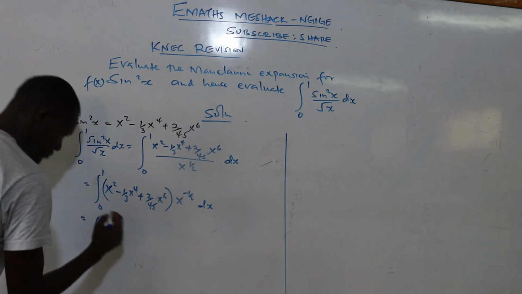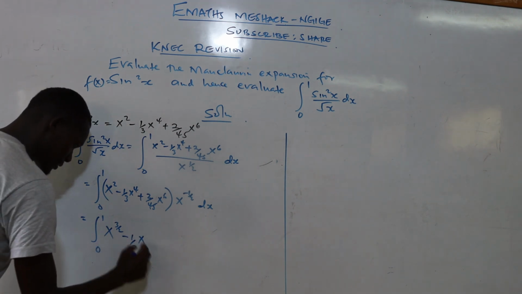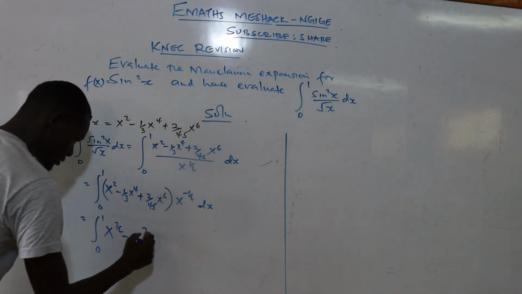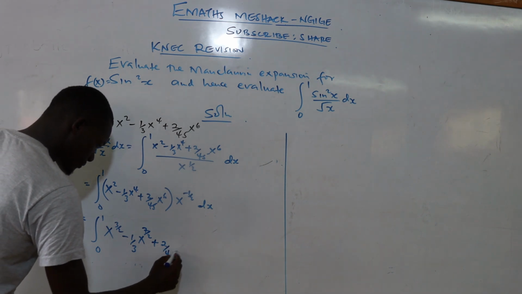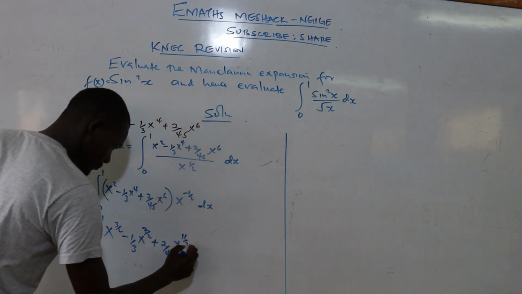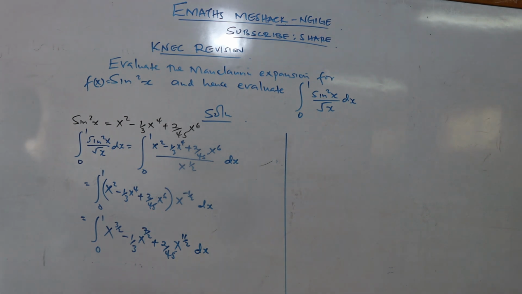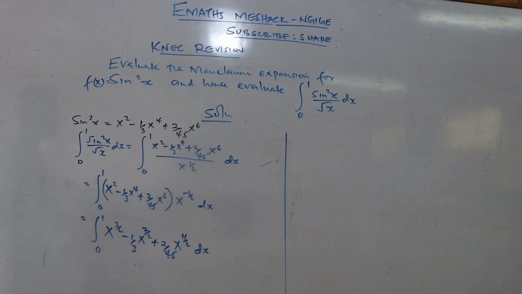Then minus a third x to the power 4 minus a half, that is 3.5, which is 7 over 2, then plus 2 over 45 x to the power 5.5, that is 11 over 2, right? Then dx.